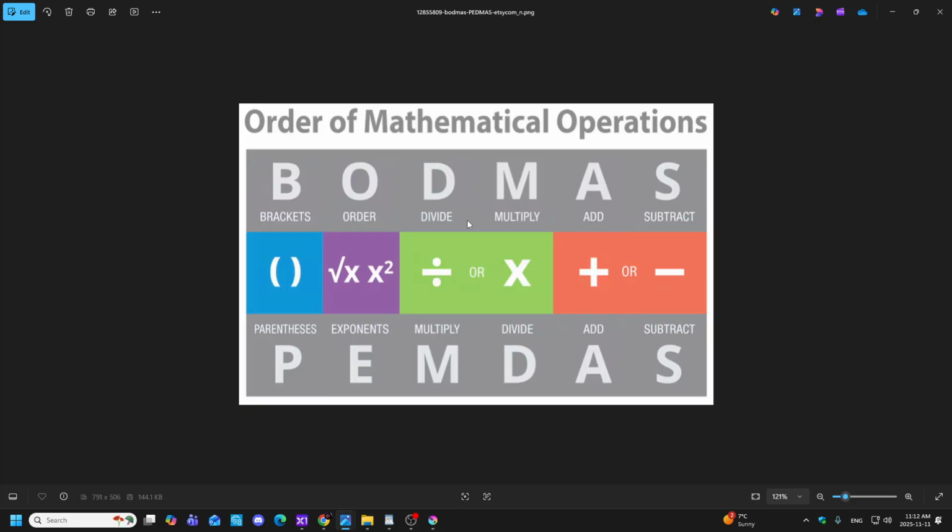Now do take note that inside brackets you may also have division and or multiplication. It is okay, because what they are saying is do whatever's in the brackets first. And then lastly, close to the end of solving our problem, there will be addition and or subtraction.